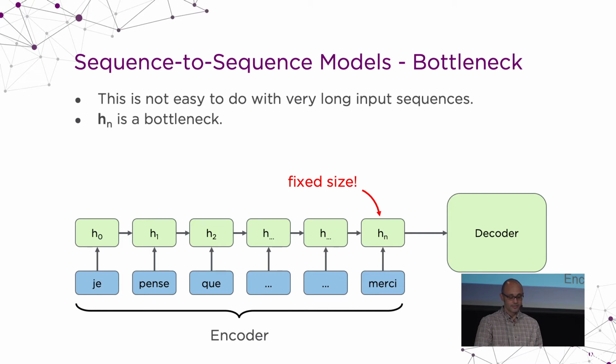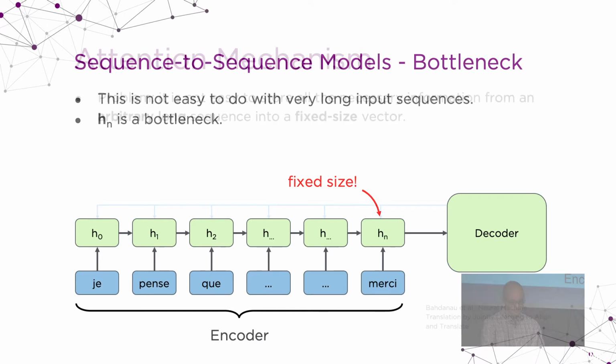And now you can see that it's easy to find a sequence long enough that the information will not fit into this internal state Hn. That means that we will lose some information, and the decoder will not be able to produce the correct output. The key intuition here is that there is just one point of communication between the encoder and the decoder, and on top of that, this point of communication has a fixed size.